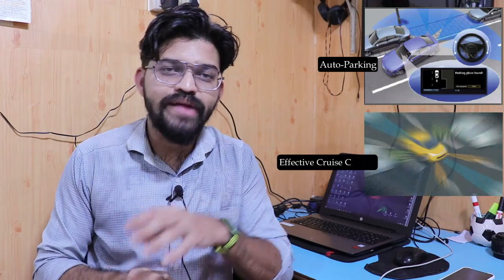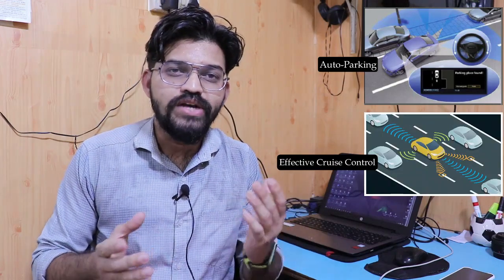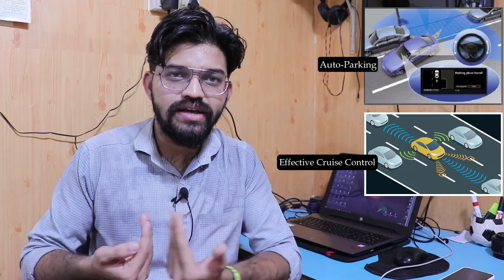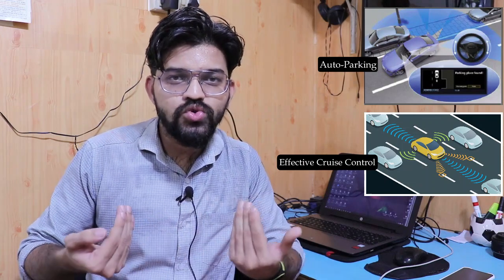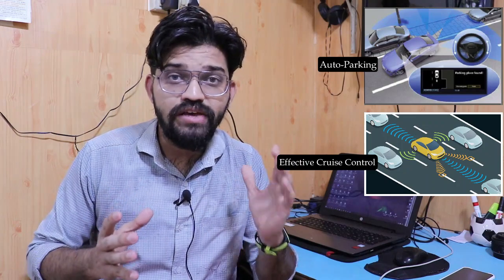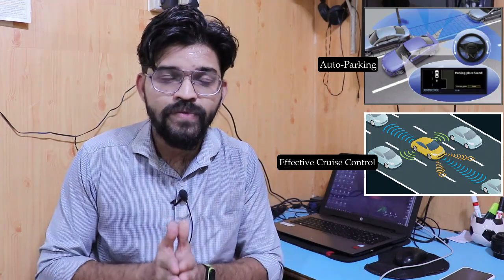It will get automatically parked in the required area. So auto parking is a feature of this autonomous car. Also guys, effective cruise control can be obtained over here by using the radar system. The distance gets measured between these two moving vehicles. So that is nothing but the effective cruise control.